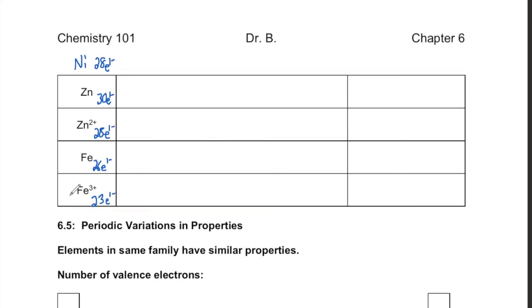Alright, so here are the transition metals we're going to look at. I added an extra one, nickel, over here, just to try to illustrate a little bit better what I'm talking about. So let's start with zinc. It has 30 electrons.